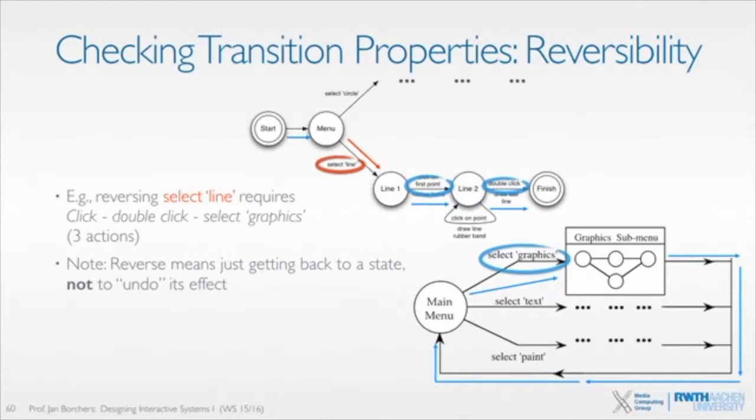Here's another example. Reversibility. How easy is it if I accidentally selected the line menu in the graphics submenu to get back, to just get out of the line, out of this whole thing here?